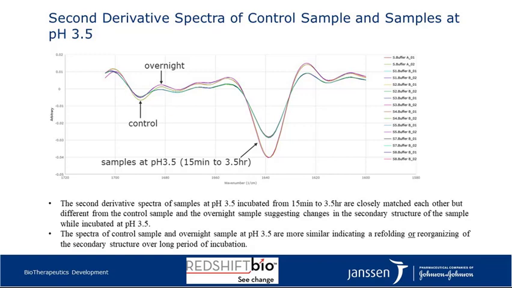So you can see here the pink line, which was from the control, or I'm sorry, the greenish line, which was from the control. Instead of being very different from the previous spectra, which you saw on the last slide, it's actually quite aligned with the other components in here, albeit different.